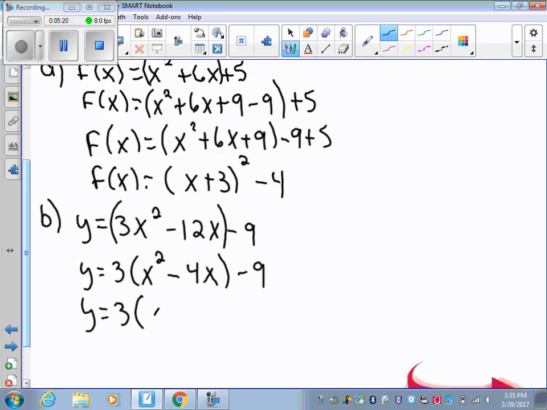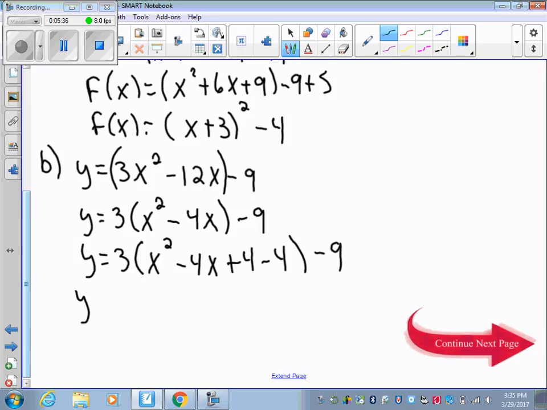So on your next step, take half of that term, which is 2, and add that square. 2 squared is 4, and subtract the square. Next, use a square bracket as you group your perfect square trinomial so that you keep the -4 within that square bracket for now.